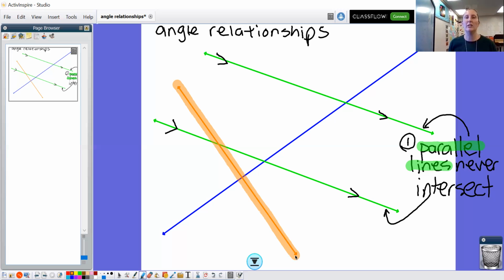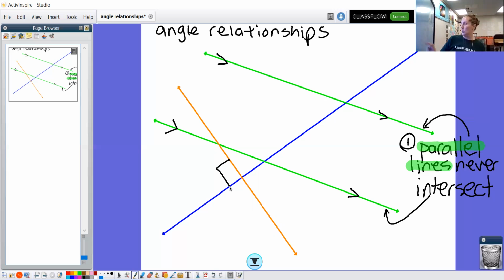If you're at home and you've got an orange crayon or marker, that's great, but it's okay if you don't use color. If you just use pencil and paper, that'll be fine too. So highlight that line in orange or yellow or just a different color. Then we're going to put this little symbol here. When you see that little symbol, that means it's a right angle, correct?